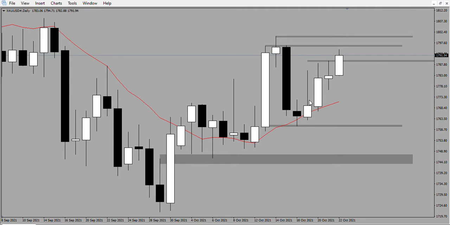Because today is Friday, typically what I do is label my candlesticks. The reason I do that is I typically label previous days' highs and lows, which is important to me.